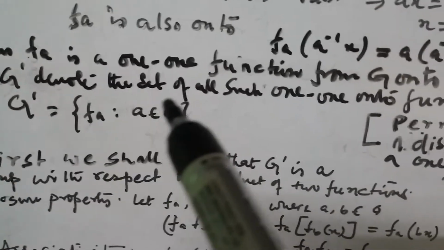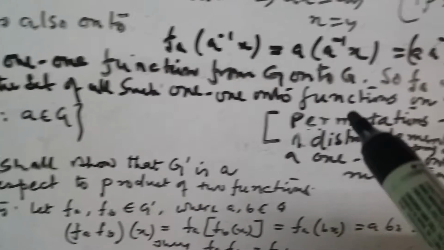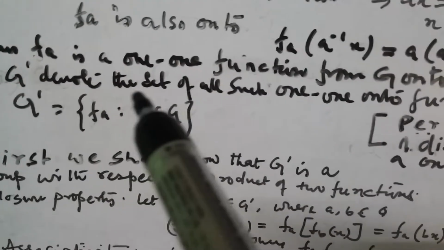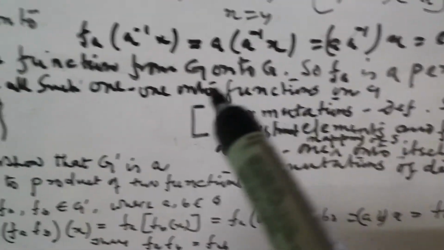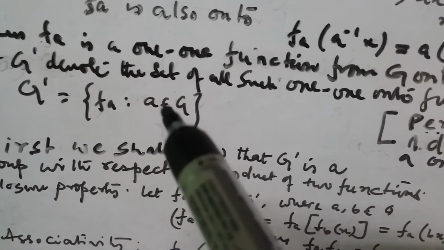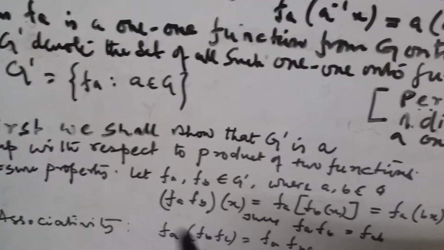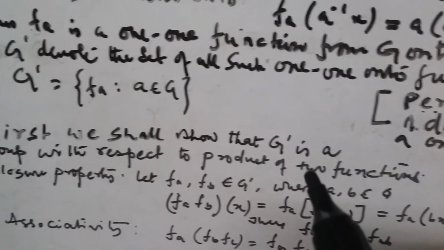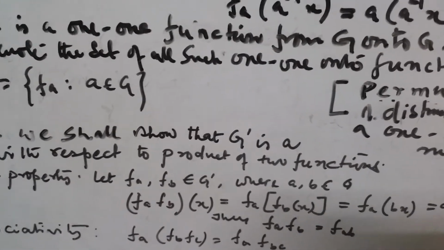Let G dash denote the set of all such 1-1 onto functions on G. Then G dash equals {f_a : a belongs to G}. First we shall prove that G dash is a group with respect to the product of two functions.